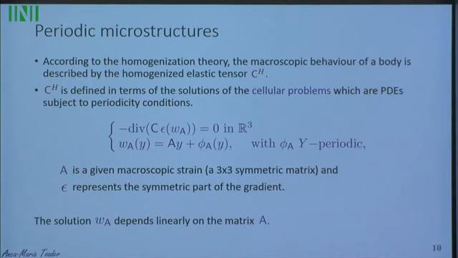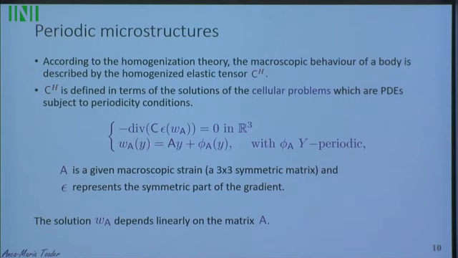And here we have the equilibrium equation and the periodicity condition, which states that the solution should be linear plus periodic. And the linearity is given by this macroscopic strain, which is a 3 by 3 matrix A. And we have here the y-periodic part of this function.